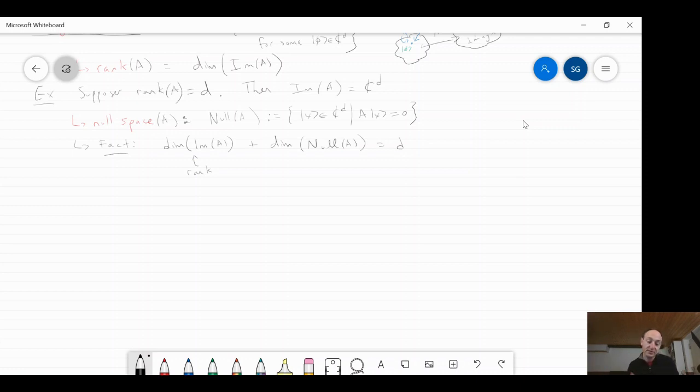Okay, so in this sense, the entire space is either going to be in the image of this map or it's going to get killed by this map. Those are the two options.